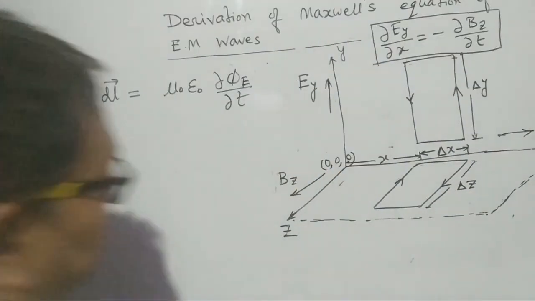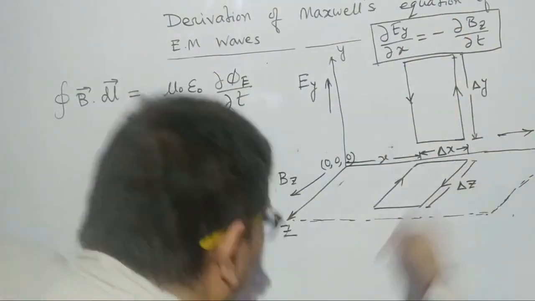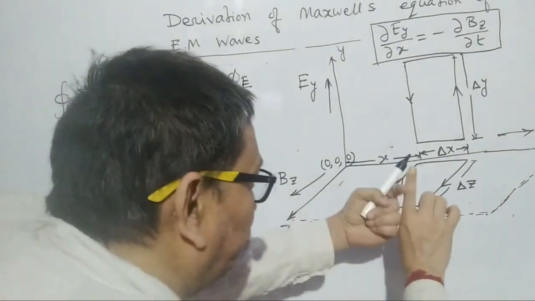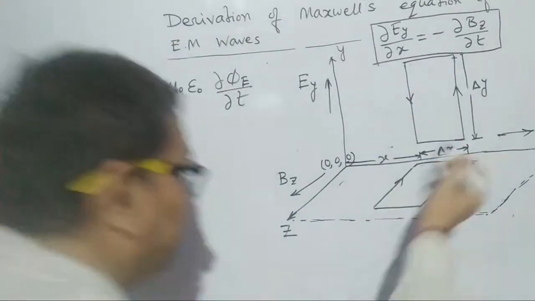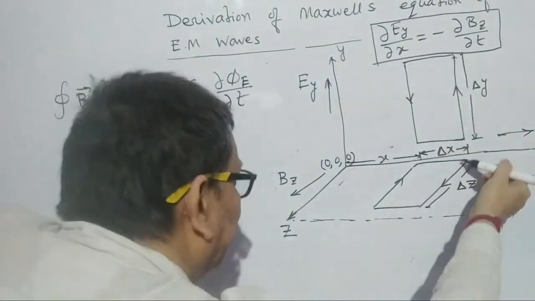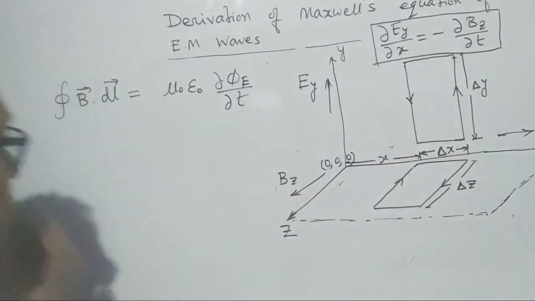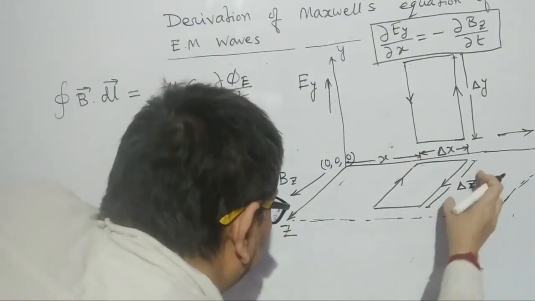Magnetic field, now see, as the electric field moves up, the magnetic field also moves along with it, because the electric field and magnetic field both are in the same phase in an electromagnetic wave. Okay. So if the electric field moves up, then the magnetic field also moves away from the mean position. What is the magnitude? What is the length of the line? That is delta z.